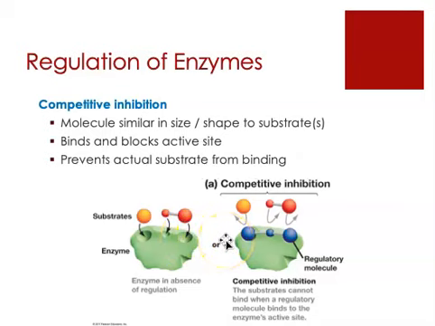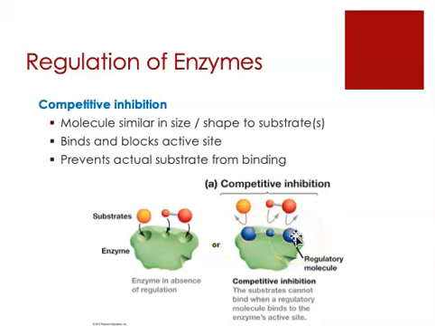Now, the cell wants to basically shut off this enzyme temporarily, and so it creates a competitor molecule, and that's what you're looking at in blue. This regulatory molecule is very, very similar in size and shape to the substrate, and so it's able to sit in that active site or those active sites.